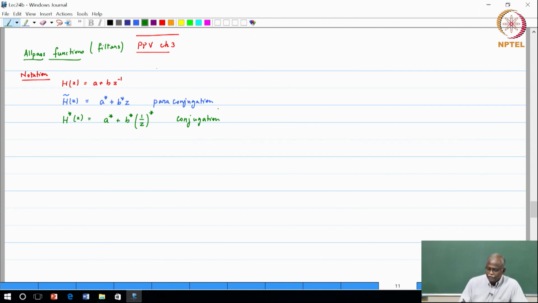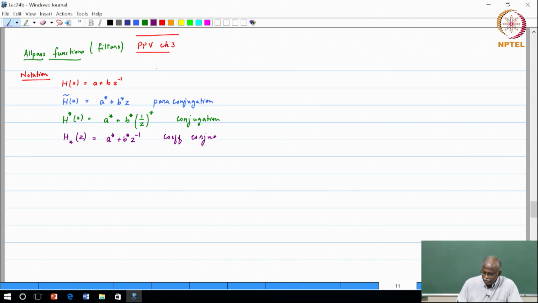Yet another notation is for a polynomial with complex coefficients: if I put the asterisk at the bottom, that says conjugate the coefficients and leave the Z terms alone. Then what you get is A conjugate plus B conjugate Z inverse. This is coefficient conjugation, only coefficient conjugation.